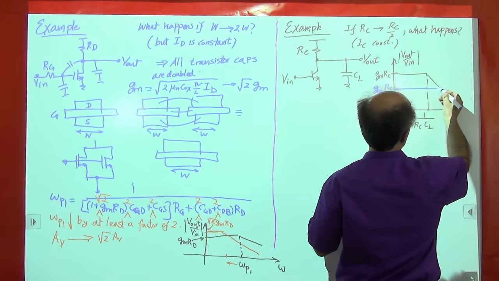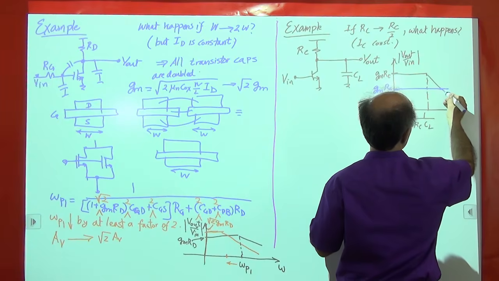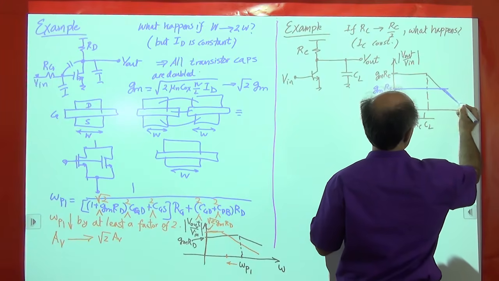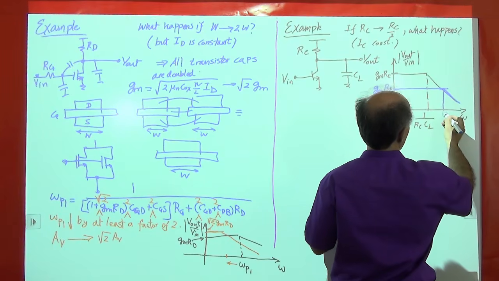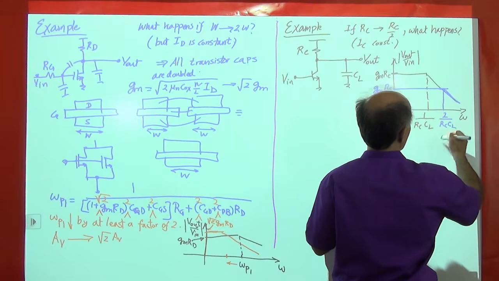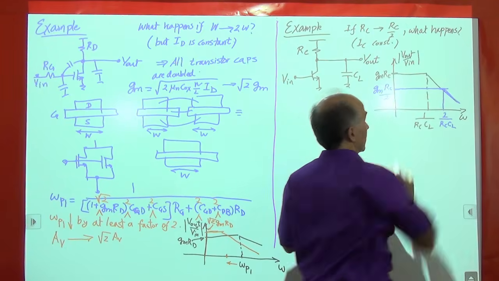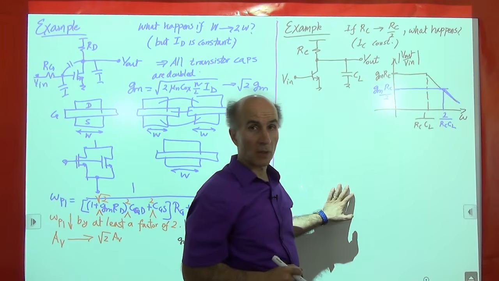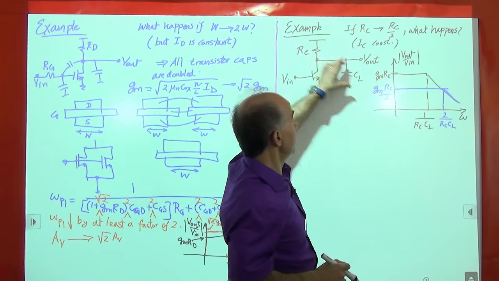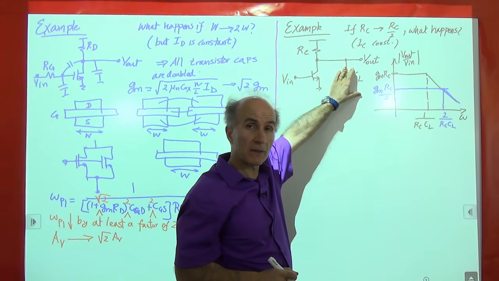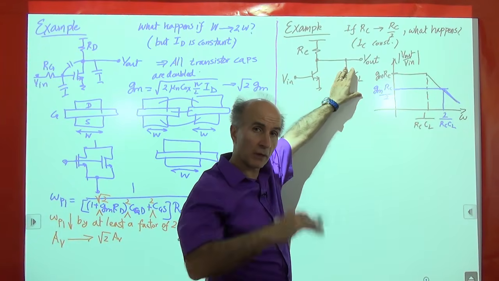So now we go over here and we actually go like this. So this would be 2 over RC CL because RC has changed to RC over 2. When we have RC over 2 and CL, the pole frequency is given by 2 over RCCL.